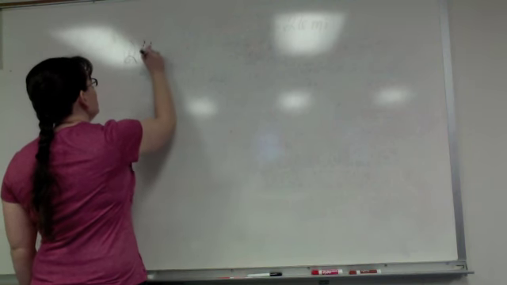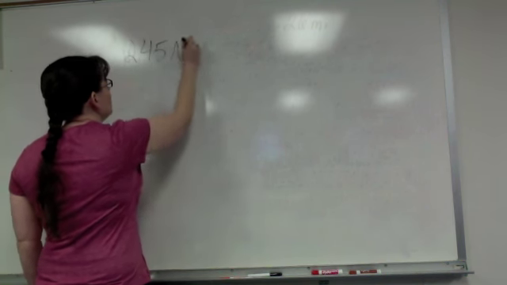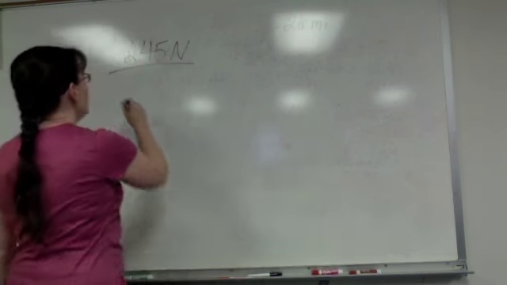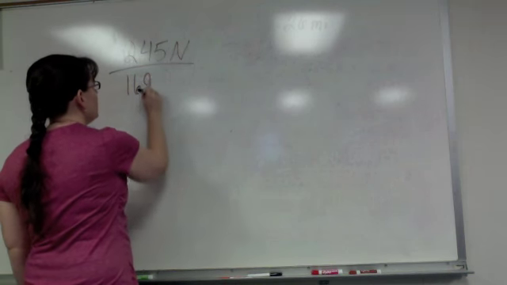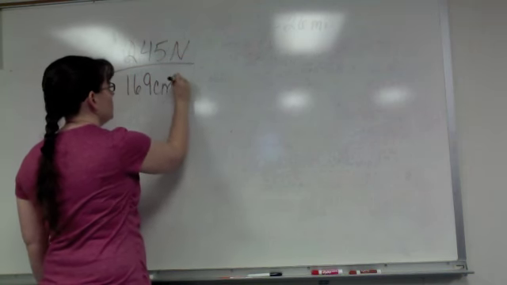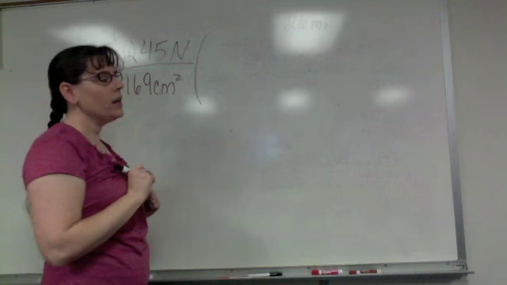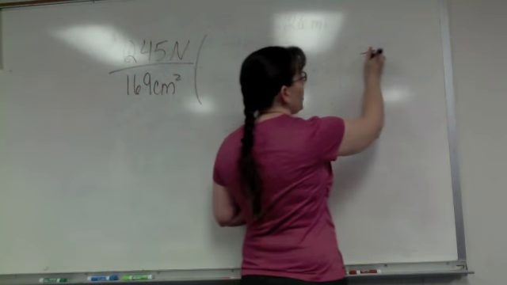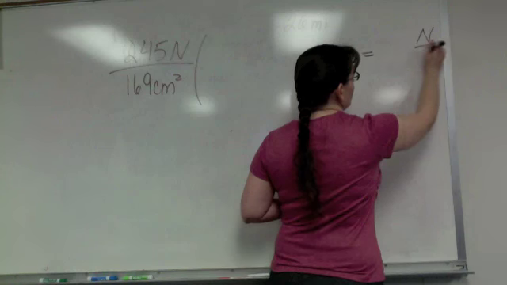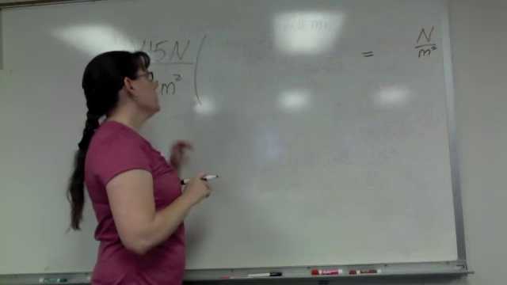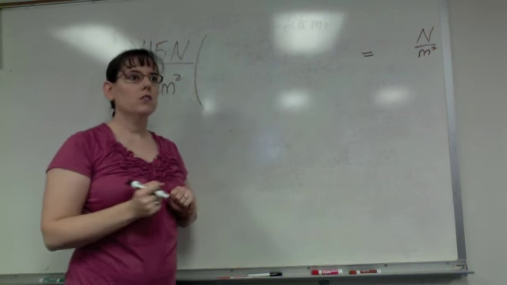245 newtons. Cooper, what'd you say? And her feet cover 169 centimeters squared. So how do I get this? Remember, if we're going for Pascals, we need newtons per meter squared, right? So what do I do first?